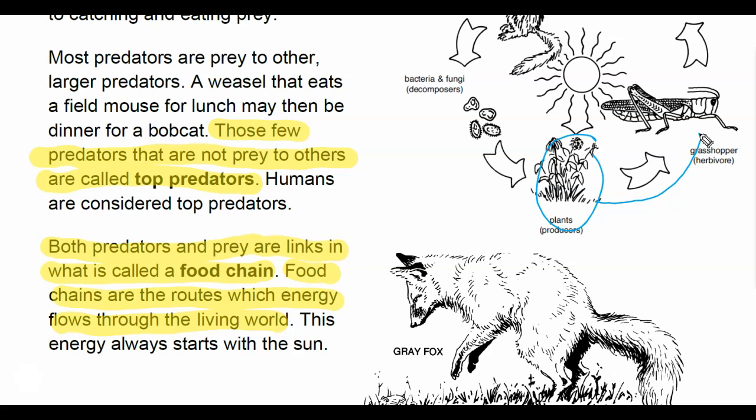That eats the mouse, or the weasel. Weasel eats the mouse. And then actually bacteria and fungi decomposers, and then they poop, it's fertilizer that feeds the plants, and it goes around and around. Called the food chain.